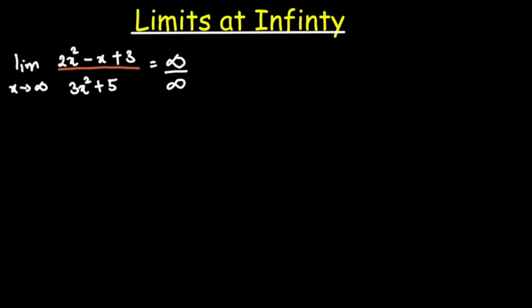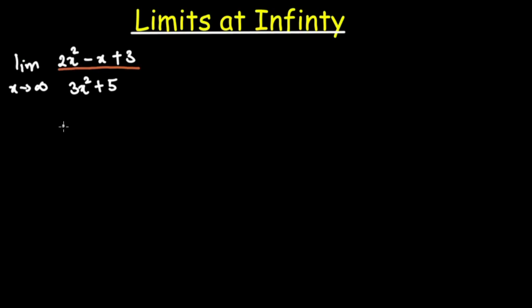So in order for us to solve this, the best way to simplify is to divide each of the terms by the variable with the highest power, and in this case we have our highest power to be x squared.